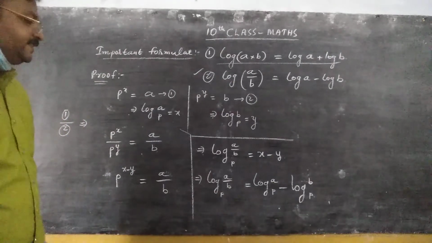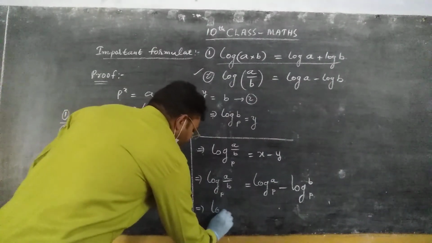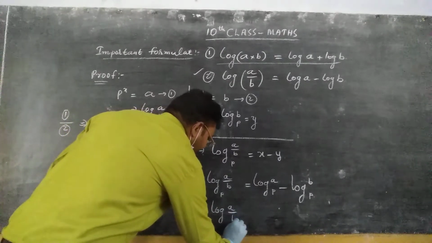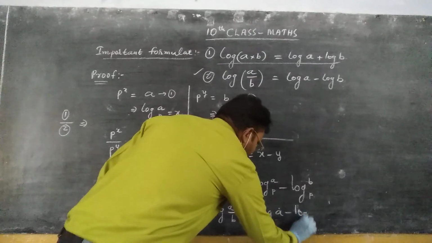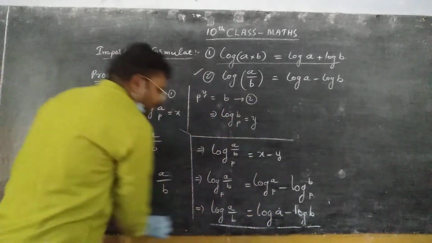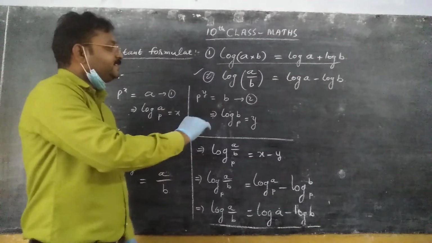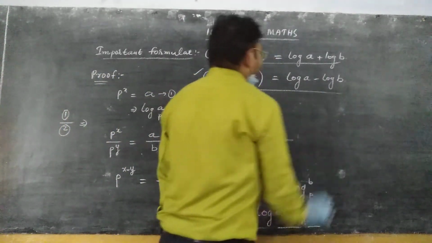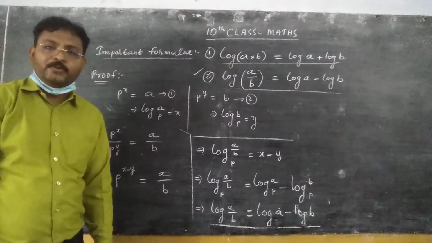Finally, log a by b is equal to log a minus log b. This is the proof of the second formula.